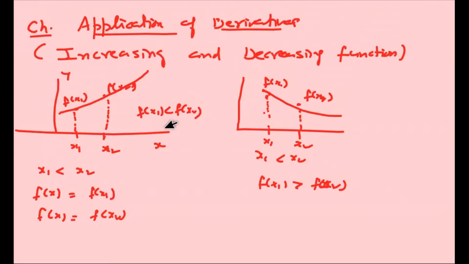And when, for all x1 and x2, we put any values and find this type of graph, this one is an increasing graph, and this one is a decreasing graph.